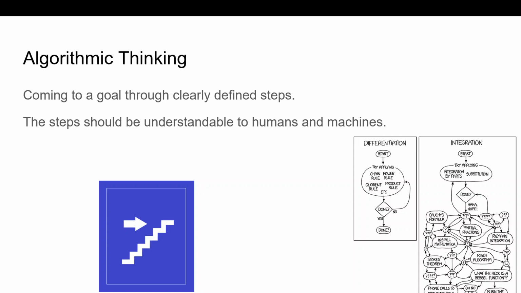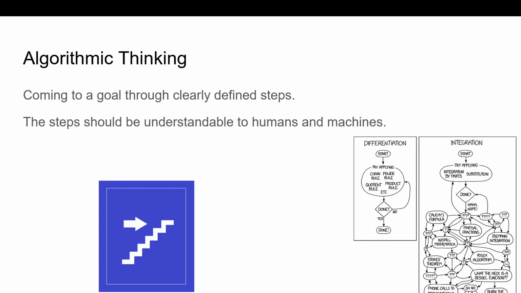On the right-hand side, you can see something about differentiation. So we start and then we have this, well, clearly defined step on what to apply. And if we are done, well, then it is easily done. The integration is a bit more complicated, saying that we start somewhere.